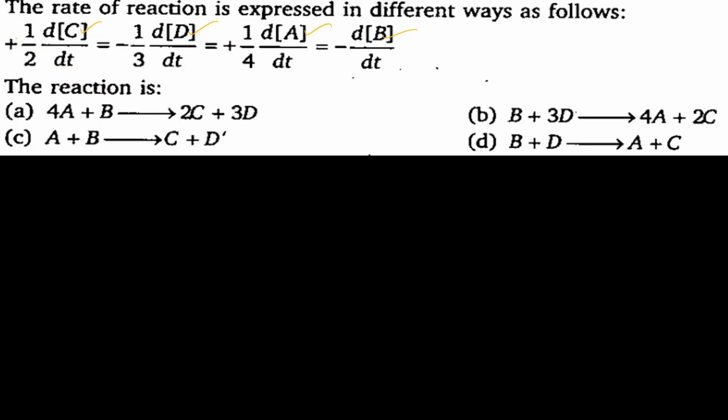Because there is plus sign in the rate expression of C and A and the negative sign in the rate expression of B and D. So our reaction will come out to be the second one. B plus 3D gives you 4A plus 2C.